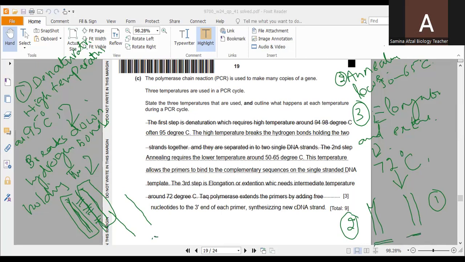So this is a cyclic reaction, called the polymerase chain reaction. Polymerase enzyme is used here, and the cycle, about 25 to 40 cycles, is repeated again and again.